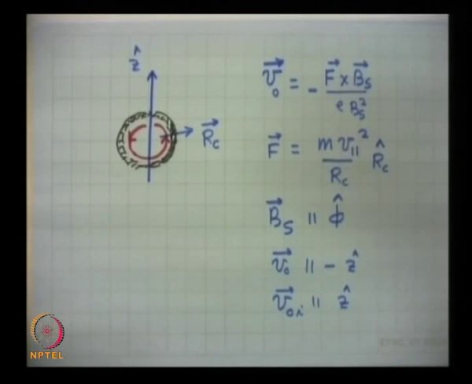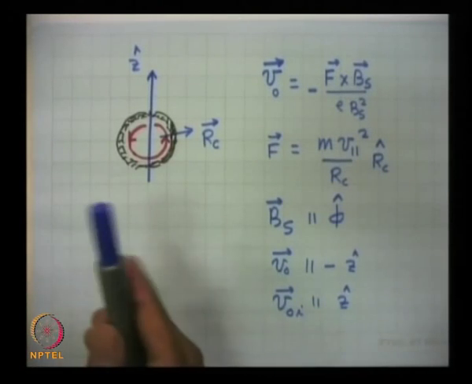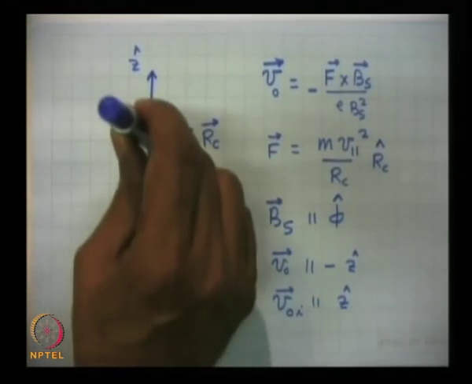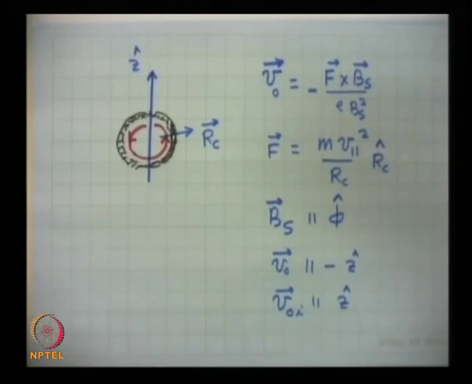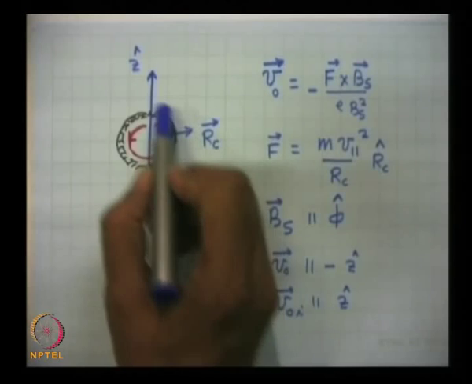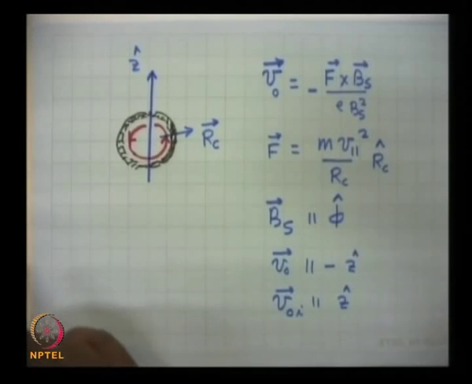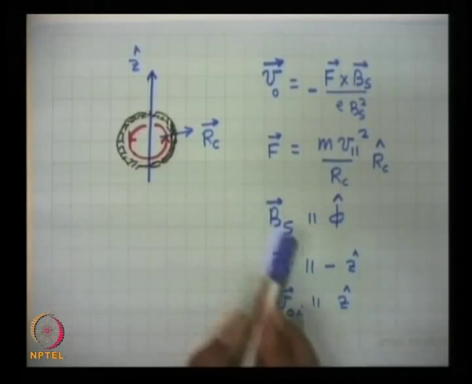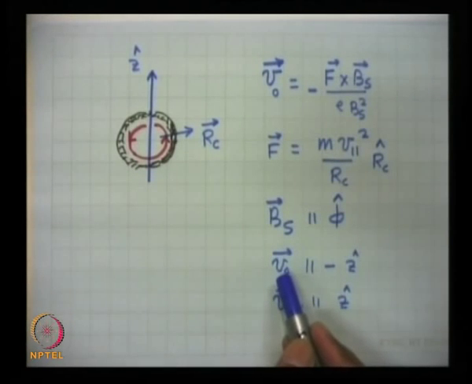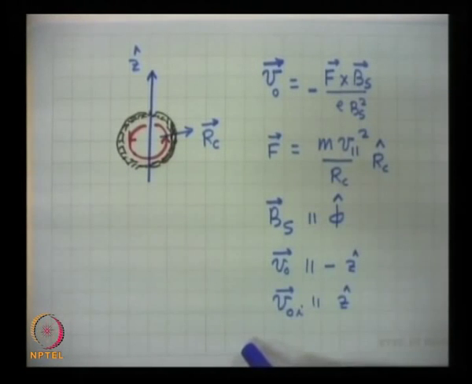So, a very simple configuration: you have a current carrying conductor in the z direction perpendicular to the plane of this board, it will produce a magnetic field, a circular line or closed lines of force, but this will produce a drift of electrons in the minus z direction and ion drift in the opposite direction.